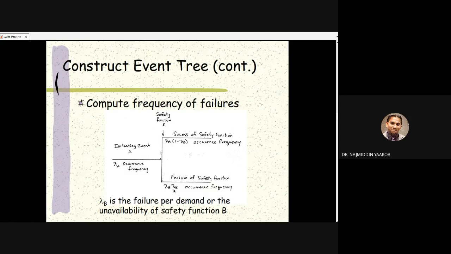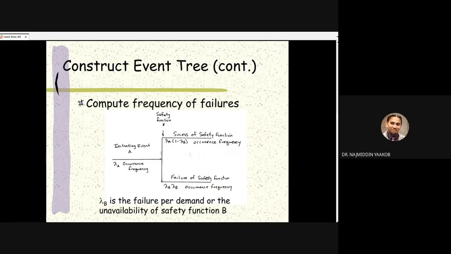Right? So if you have an initiating event and it is a success, you go up: success of this safety function. And when you go down, it's a failure of this safety function. So how to calculate: the success of this safety function is lambda A, which is this value, times 1 minus lambda B, which is the opposite of the failure, so it is a success.